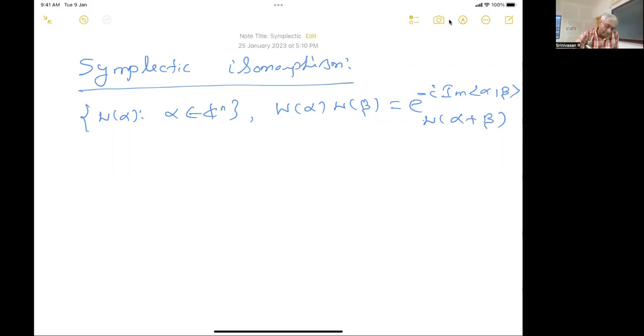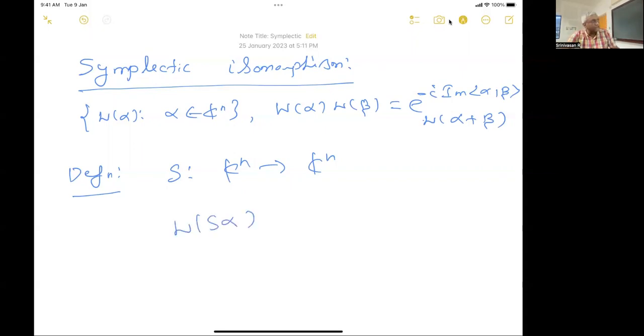So the definition: if you have a map S from Cn to Cn, you can take any function from Cn to Cn, and you want to consider W of S alpha instead of W of alpha.